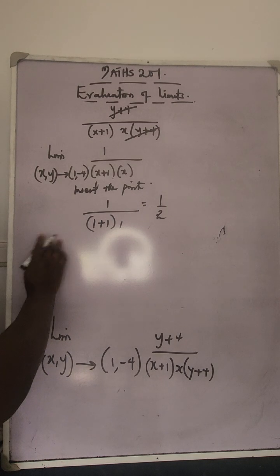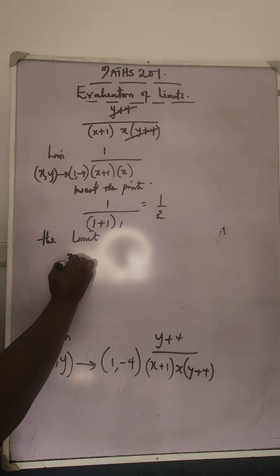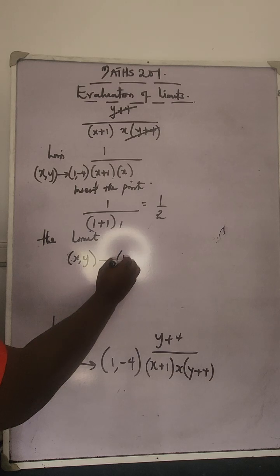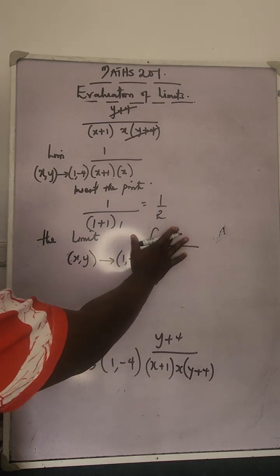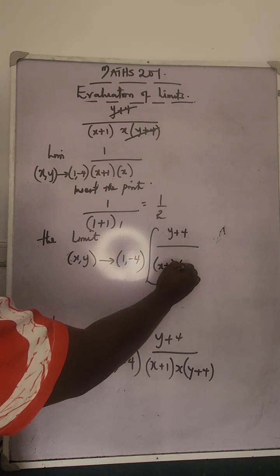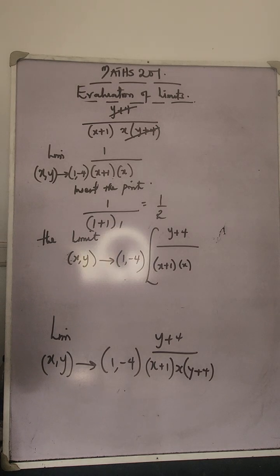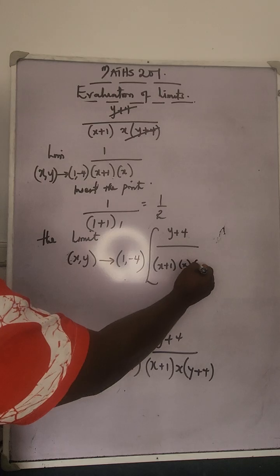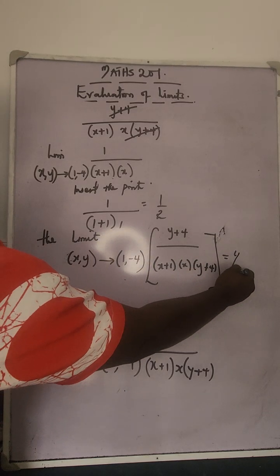It means that the limit as (x, y) approaches (1, -4) of the function (y + 4) over (x + 1) times x, the answer is 1 over 2.